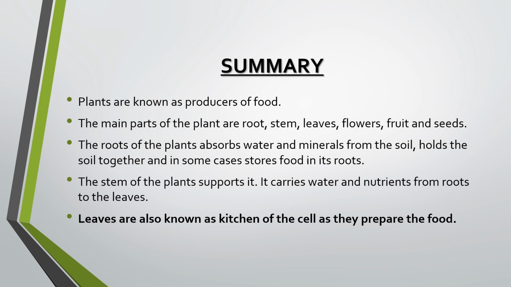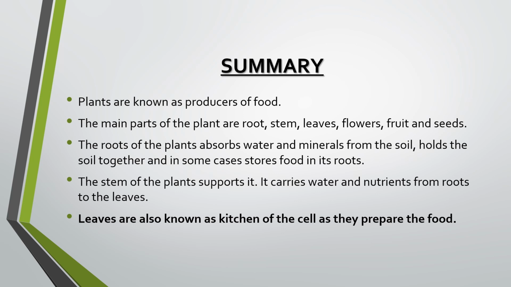Let's take a quick look at the things we have studied today. First, plants. They are known as producers of food because they are the ones which produce food in the form of sugars. And the other organisms take in this food directly or indirectly. The main parts of the plant are roots, stem, leaves, flowers, fruits and seeds.